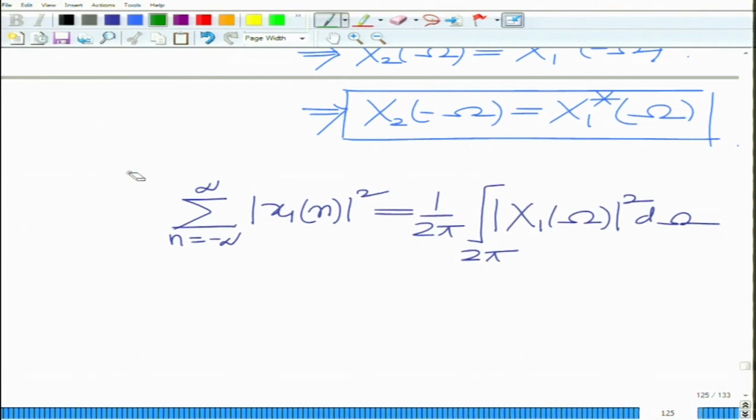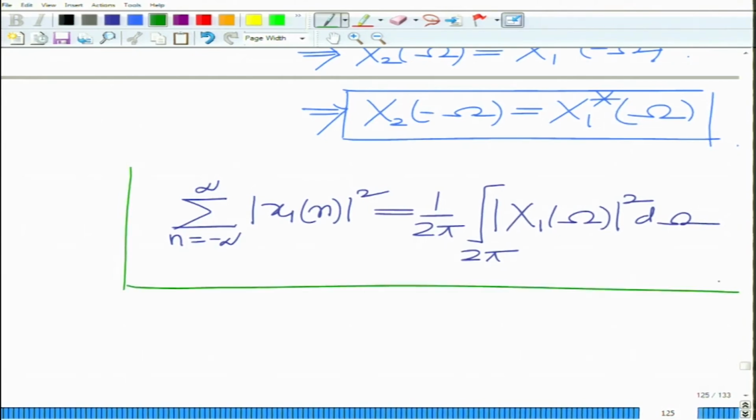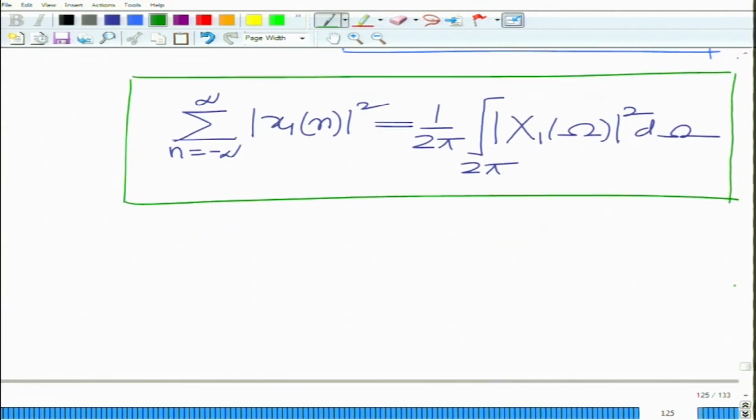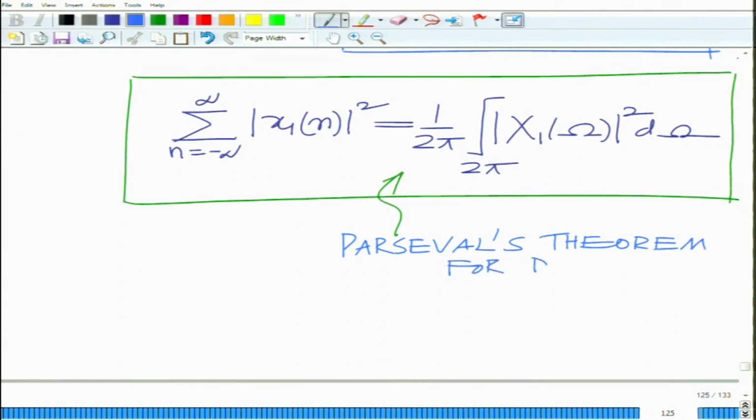In fact, this is not the energy but you can think of it as the power of the DTFT, because you are dividing by 2π. So this is the Parseval's theorem for DTFT.